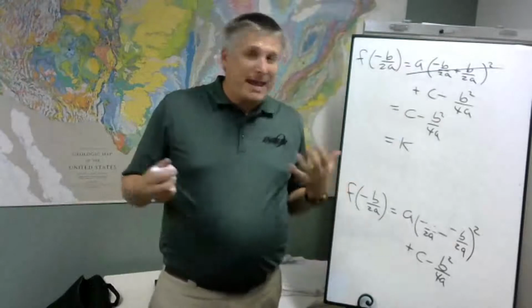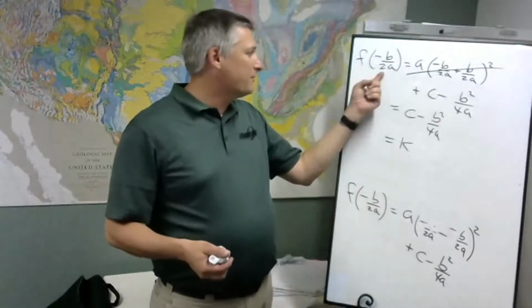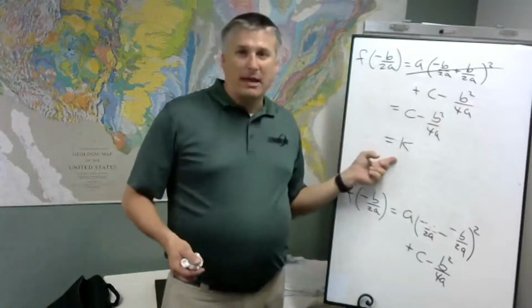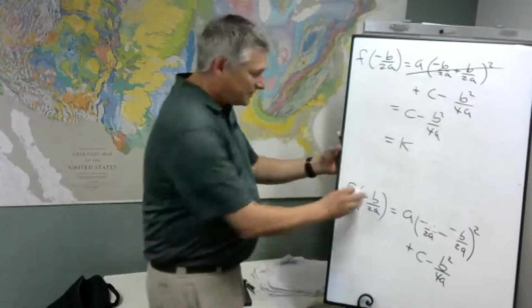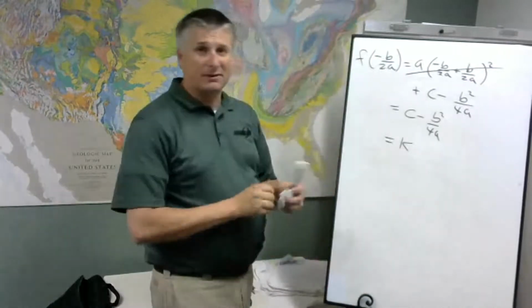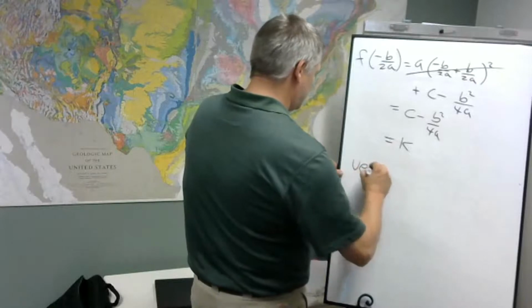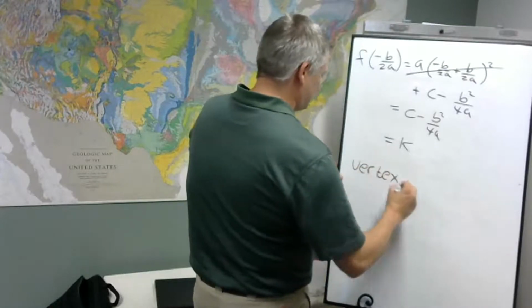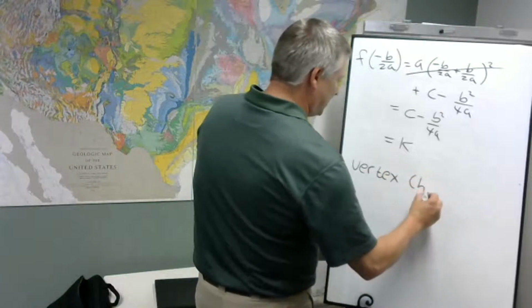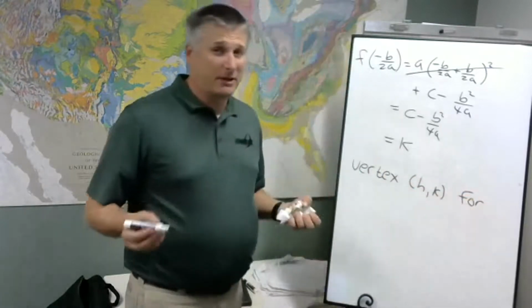So if we take h, the x-coordinate of our vertex, and just plug it back into the function, we get k. So this is why the text uses the formulas that it does. So for the vertex hk, and again, we're not in vertex form anymore.